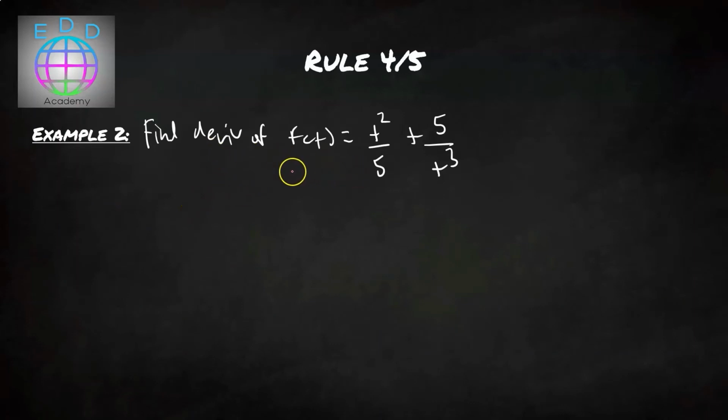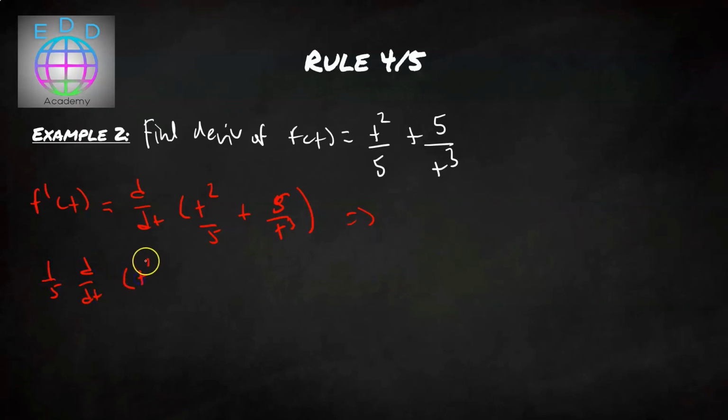We're asked to find the derivative of f of t equals t squared over 5 plus 5 over t cubed. Rewriting our derivative statement, this time in terms of the function t, is d dt of this function. So once again, rewriting it using the constant multiple rule, it's a little bit harder to see, but the c value in this expression is 1/5, so we can write this as 1/5 times the derivative d dt of t squared.